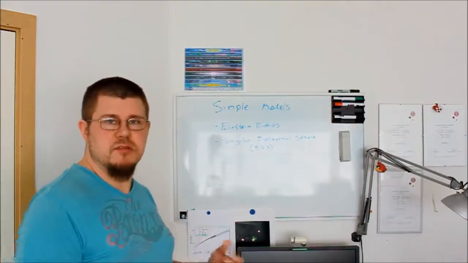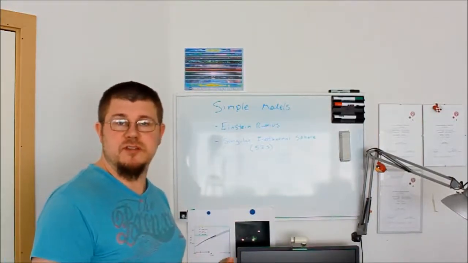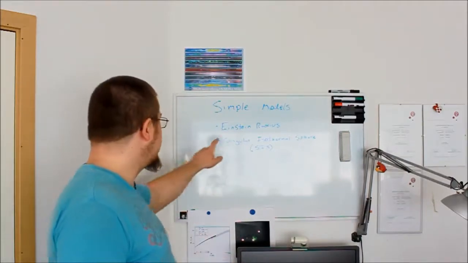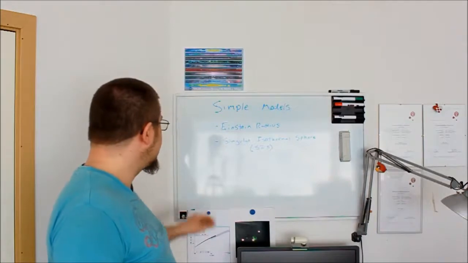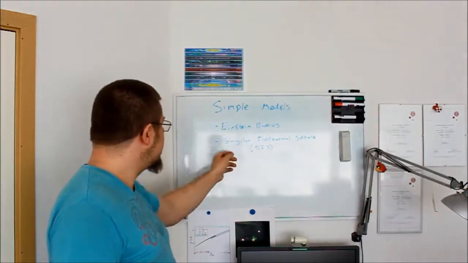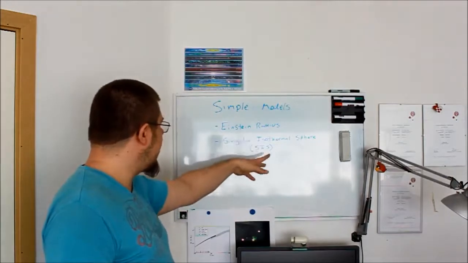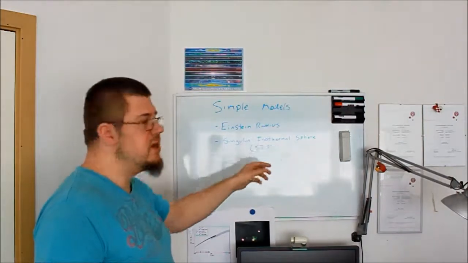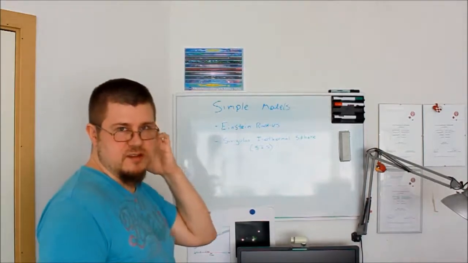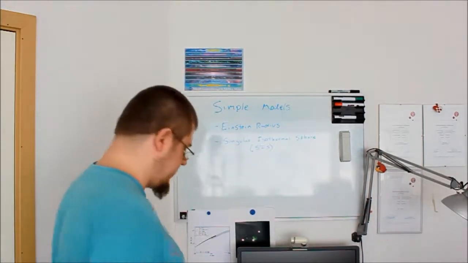In this particular case, I will assume a spherical mass distribution, and from that we can derive the Einstein Radius, and we can also look a little closer at a given model where we have a singular isothermal sphere. I will explain what this means in more detail. Alright, so let's begin.